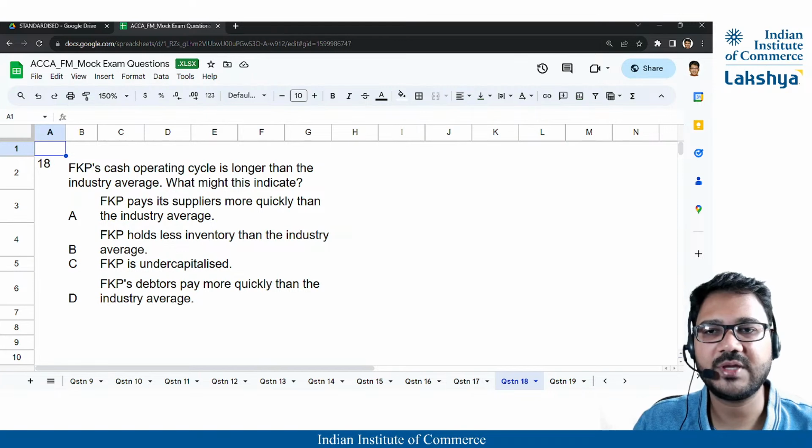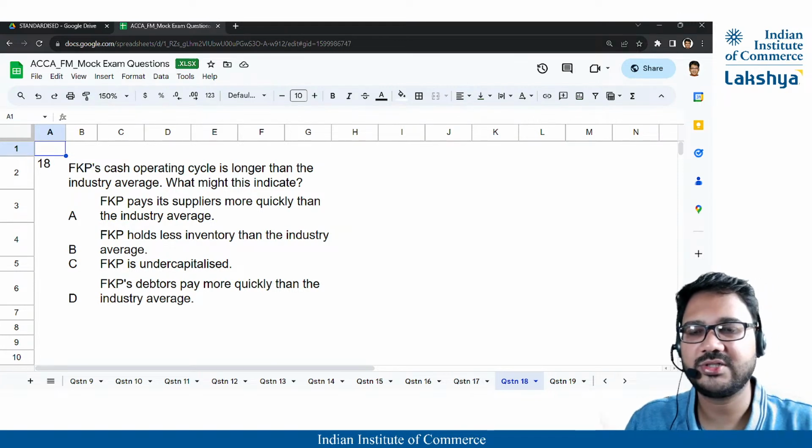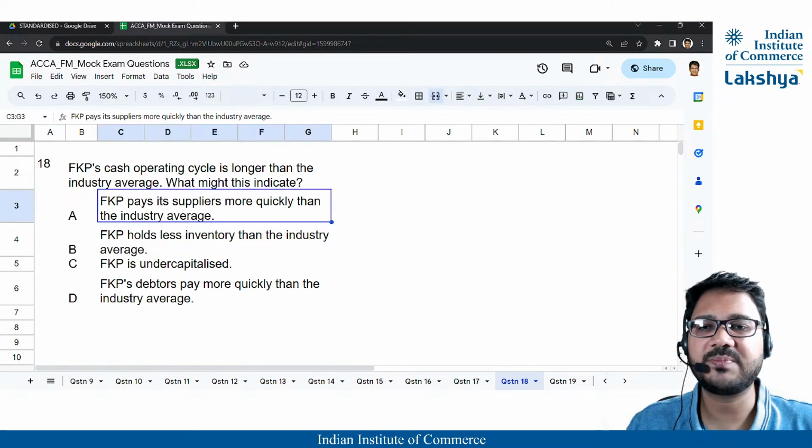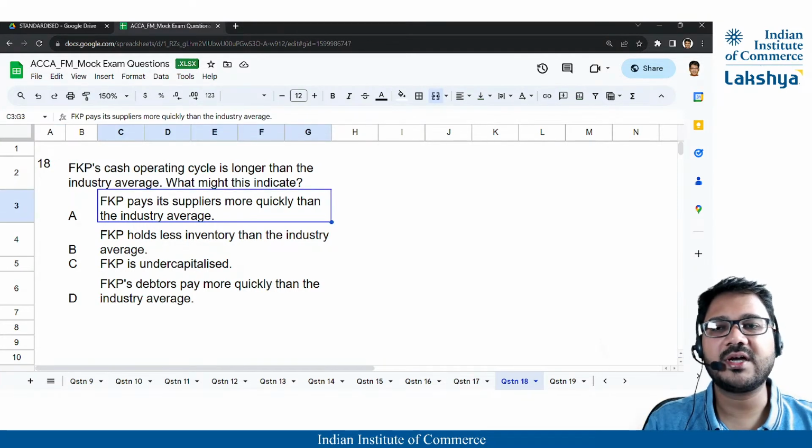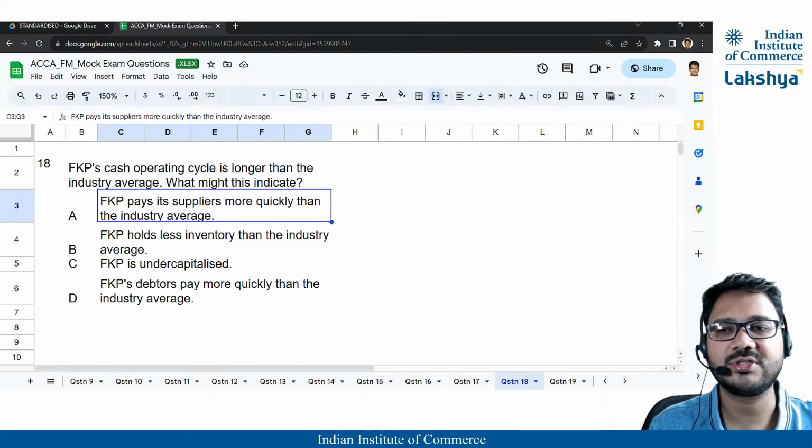Question 18. FKP's cash operating cycle is longer than the industry average. What might this indicate? FKP pays its suppliers more quickly than the industry average. Yes, when we are finding our operating cycle, we deduct the payable period, so this is a possibility.